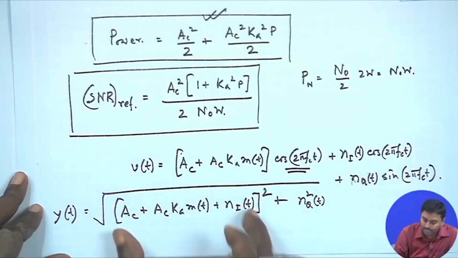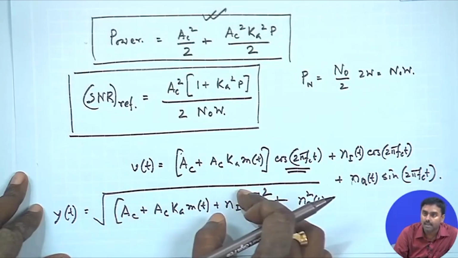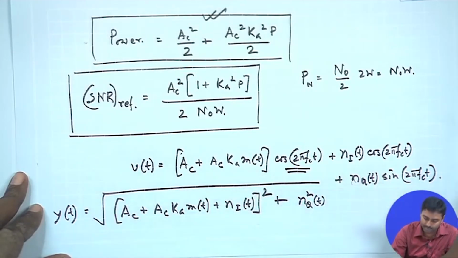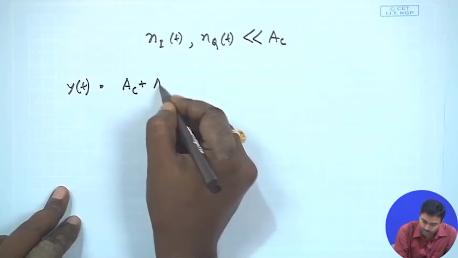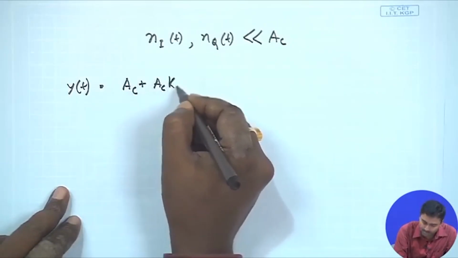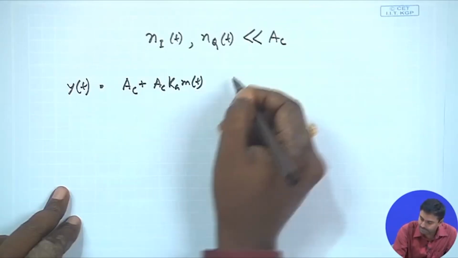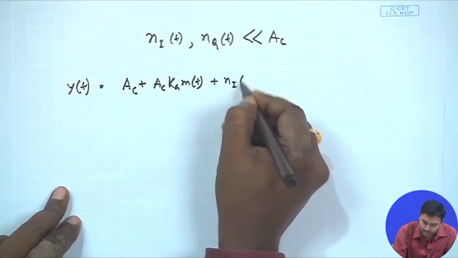So, I can neglect that part. If I neglect it, I will have a square and a square root that cancel out each other. So, I will get A_c plus A_c k_a m(t) plus n_i(t).